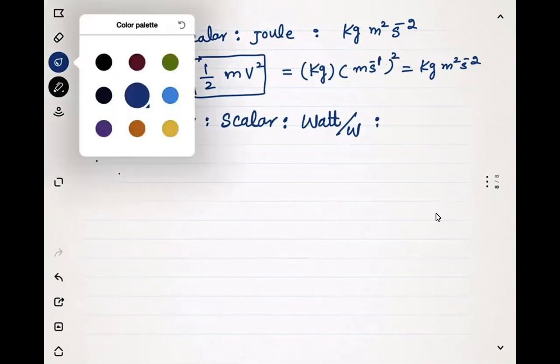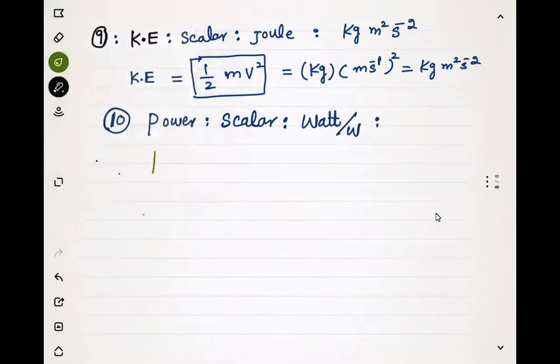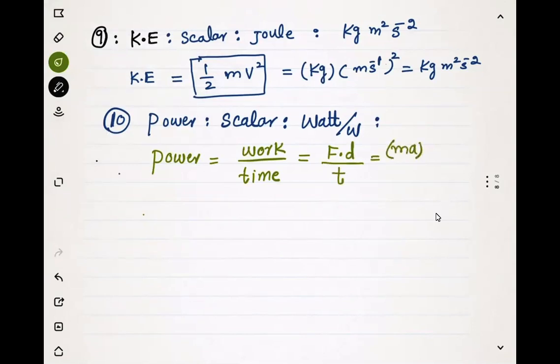So for power, the formula is power is equal to work over time. You know, work is force into distance divided by time. That would become m a times d divided by t.